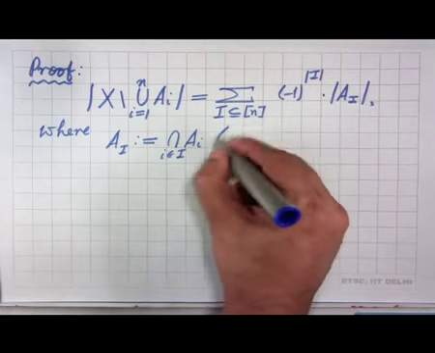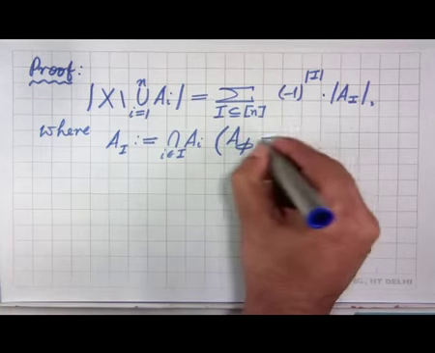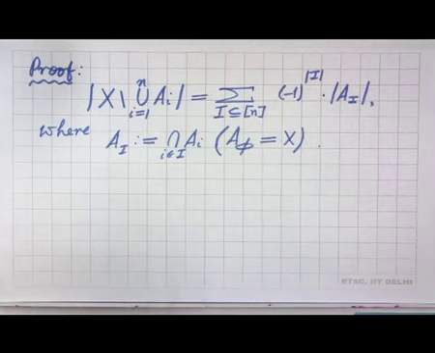Let me write this in bracket. This formula does not apply when I is empty set, so I have to define it separately, and I call A empty set as X. So this is what we have to prove.